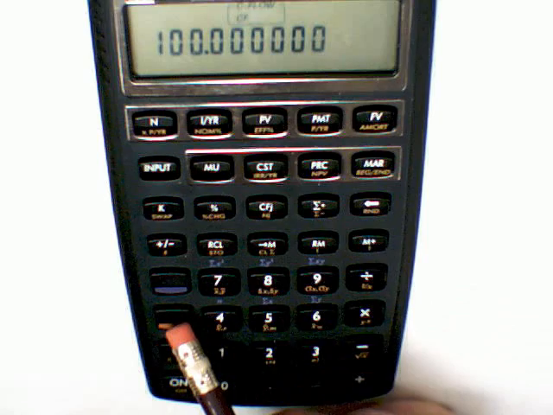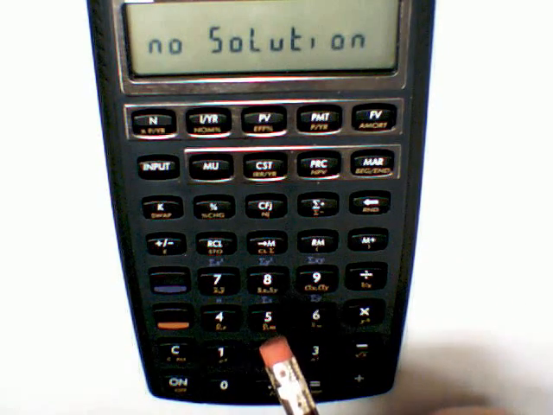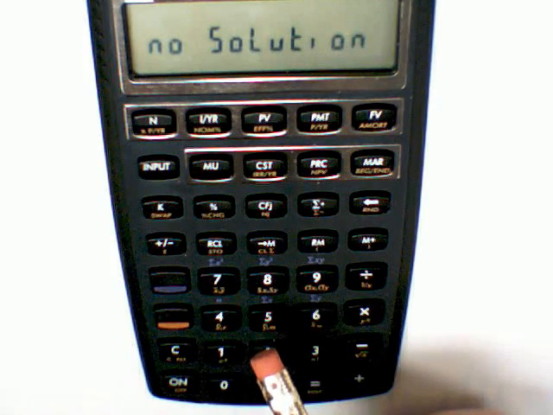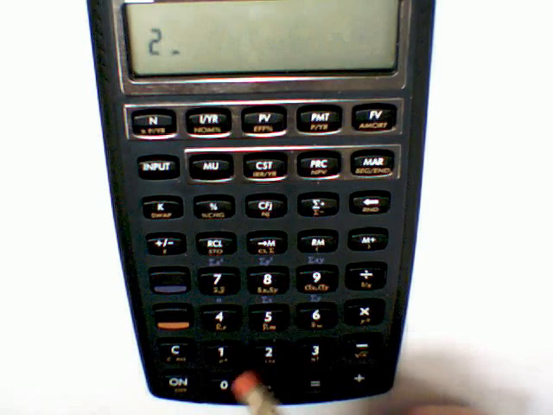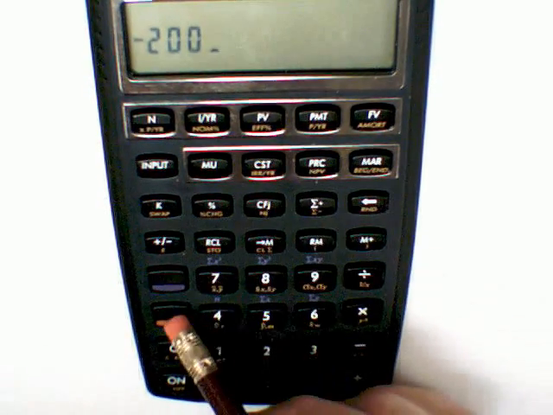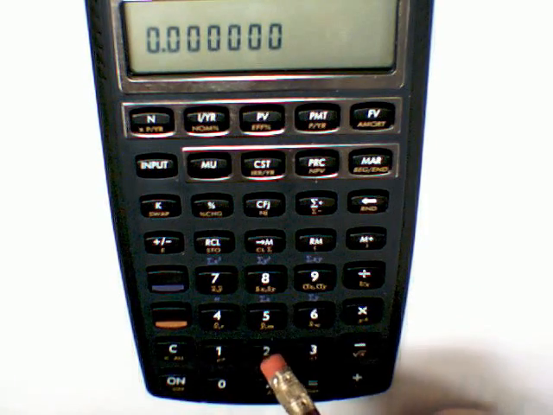What's my IRR? Hit my orange key, my IRR key. I'm saying, okay, it doesn't give me a solution. Well, because I didn't have an initial cash flow. So let's put initial cash flow. Let's say we have an initial cash flow of $200. Negative is my initial cash flow. Oops, I forgot to clear my calculator. You can tell I forget to clear a calculator.